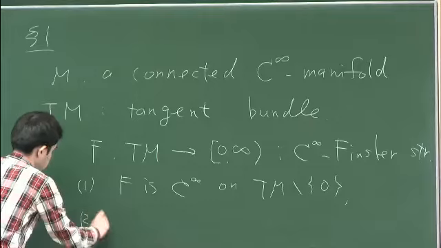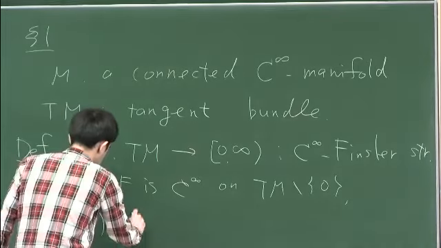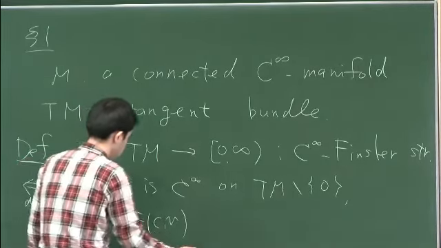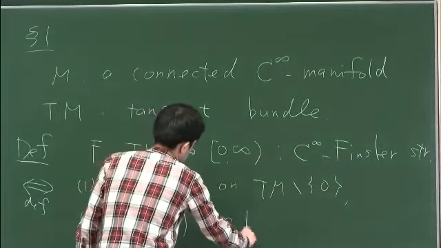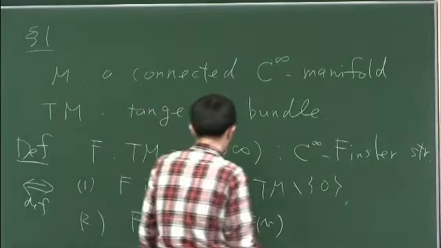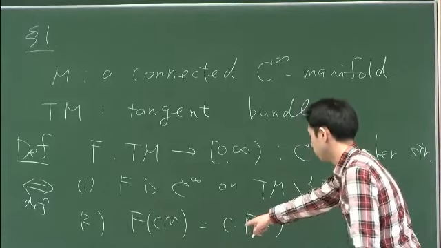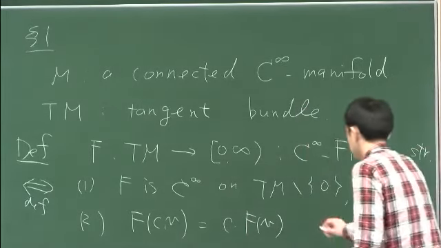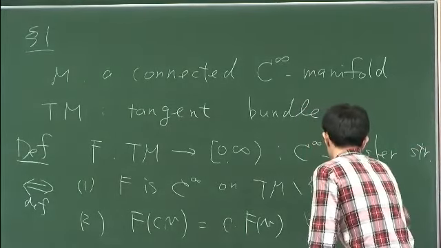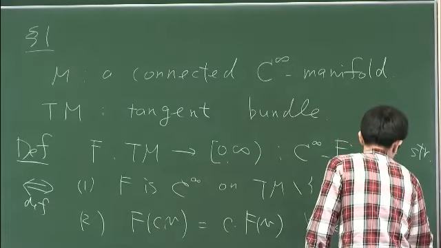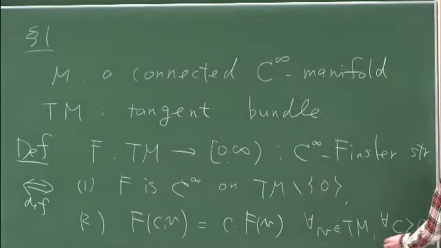And the second, we assume homogeneity, but only in the positive direction. So we have this kind of homogeneity only for positive scalars.